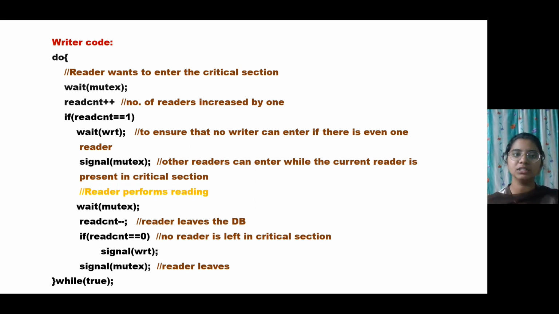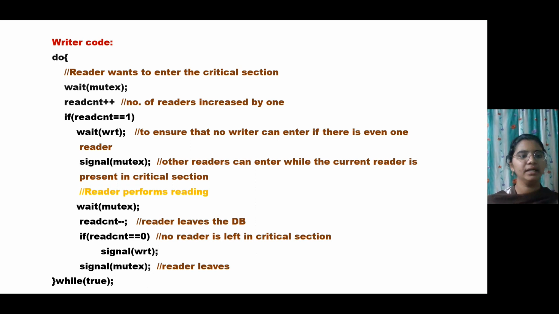So the writer process cannot hold the write semaphore until this reader process releases it. So there is no chance of a writer entering the critical section while one reader is performing its operation in the critical section. So we have solved the reader-writer, writer-reader problem. Before this we solved the writer-writer problem, and now for reader-reader, there is no problem.